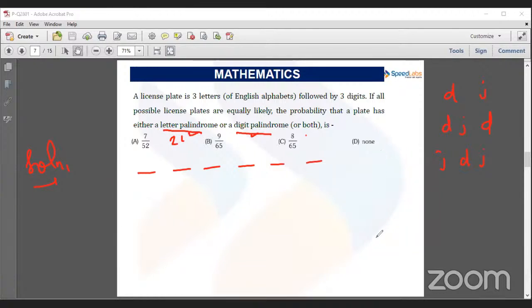Yes, Parth. All alphabets or all numbers being the same should be counted as a palindrome in this case.